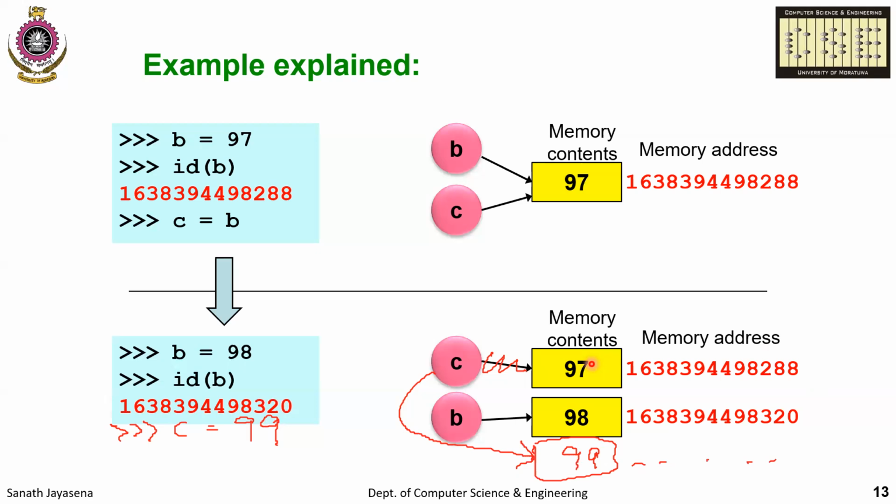But do we have access to that object? No, we don't have access, because access to objects or data is through variables, so what we call names. So when C is now referring to 99, earlier object 97 doesn't have any reference. Then 97 is simply there without any variable for us to access it.